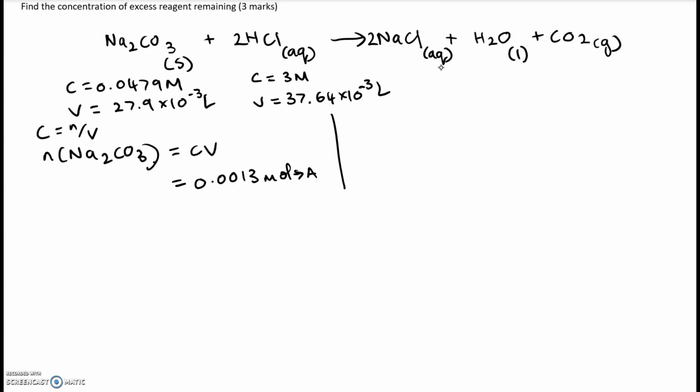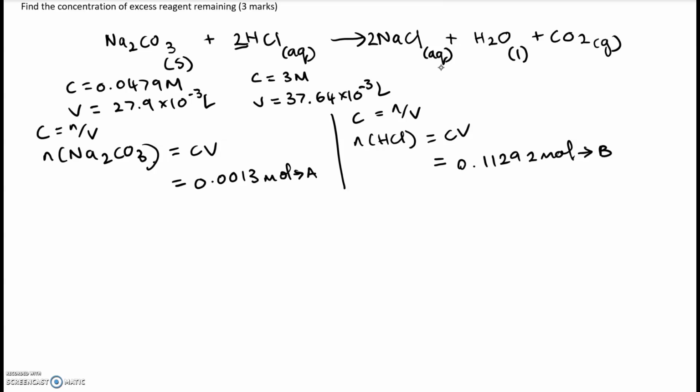Now comparing that to hydrochloric acid, we're going to do the same approach. Now recall, this is not our final step. What we must now do is divide each reagent by its respective stoichiometric ratio.